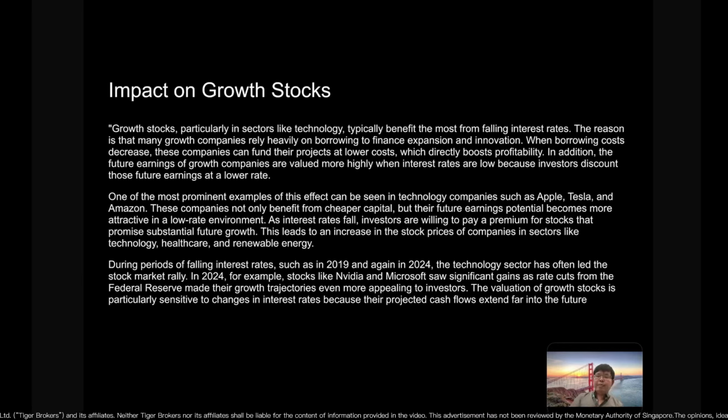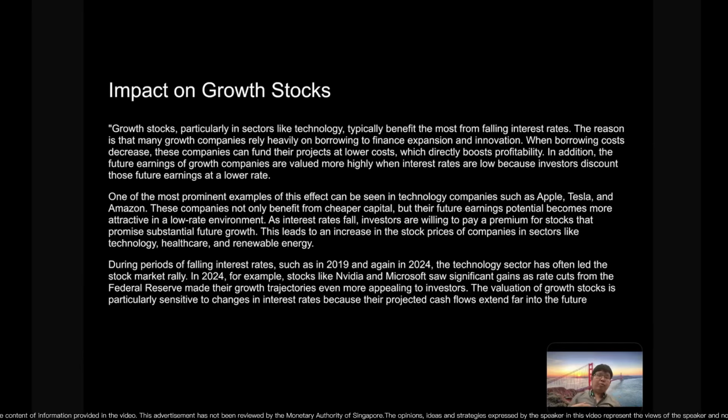For companies, an interest rate fall benefits them with cheaper capital, so companies can expand more and earnings will go up even higher, like Amazon and Nvidia.